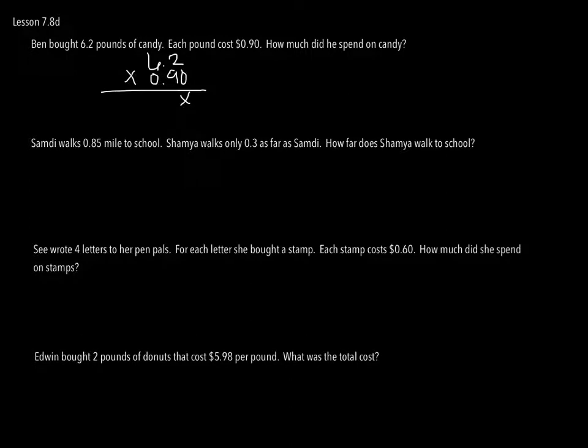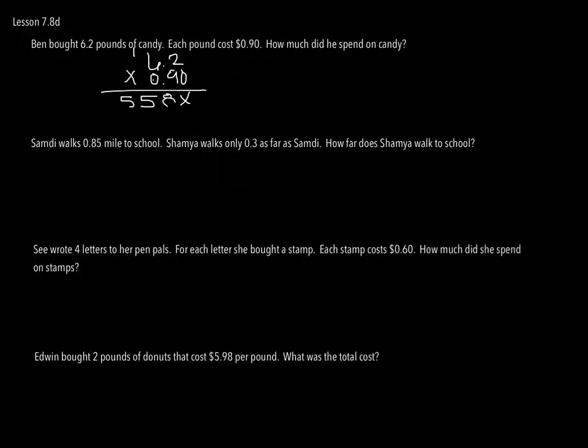9 times 2 is 18, write down the 8, carry the 1. 9 times 6 is 54, and then we add 1, so it's 55. We don't have to multiply by the zeros, so now we have to figure out how many spaces to the right of the decimal point, or in this case, decimal points.